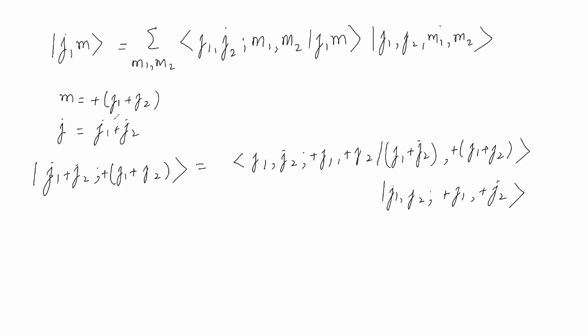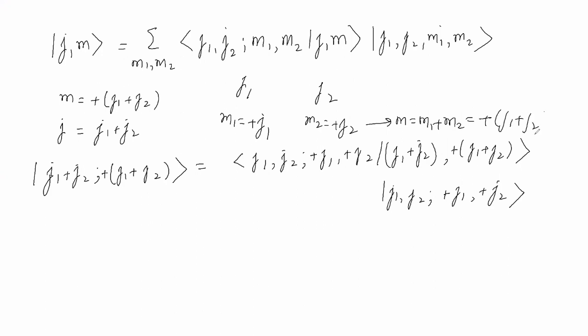I am writing it as M is equal to plus J1 plus J2, because J1 has the maximum projection plus J1, J2 has the maximum projection plus J2, and this is from the property that M must be equal to M1 plus M2 for a non-zero Clebsch-Gordan coefficient.